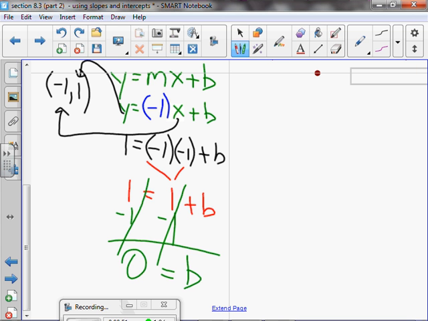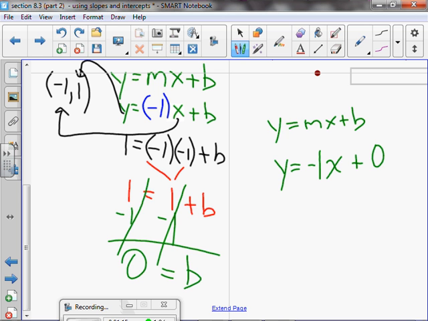So I'm going to write my slope-intercept form, y equals mx plus b, using now to write the equation just m and b. So y equals, m was negative 1 times x plus b, which is 0. And then I need to simplify this because I've written this a little bit more complicated than needs to be.